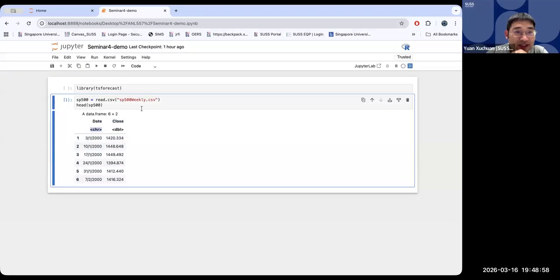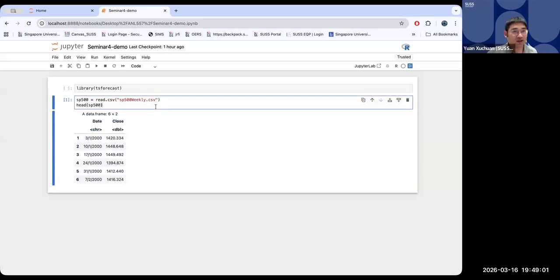But the date is a character, so we need to change it to the date format.